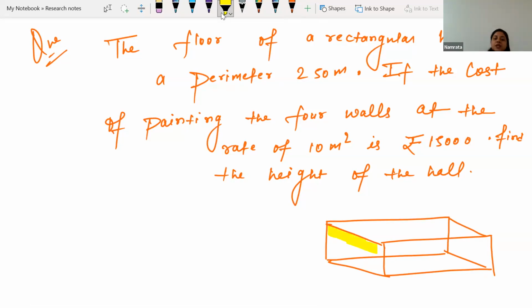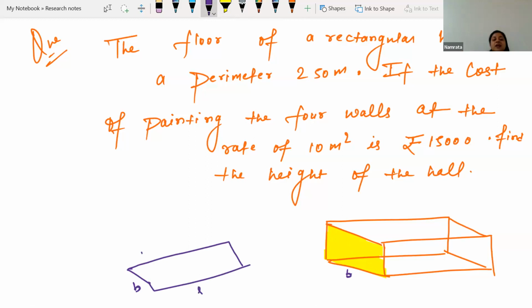Previous day I have painted this one, and I was saying this is one of the walls, the left side wall. Here what will be the area? Here breadth is there of the rectangle. If I am drawing just a rectangle and keeping it on the floor, then you can see here length is utilized and breadth is utilized.